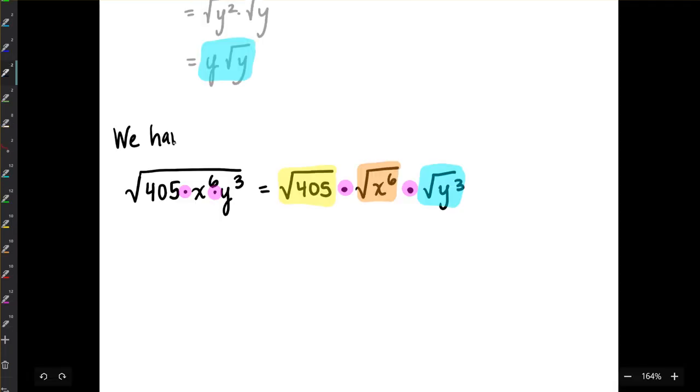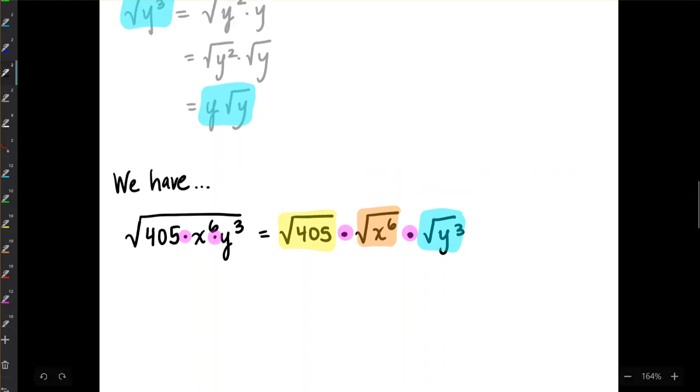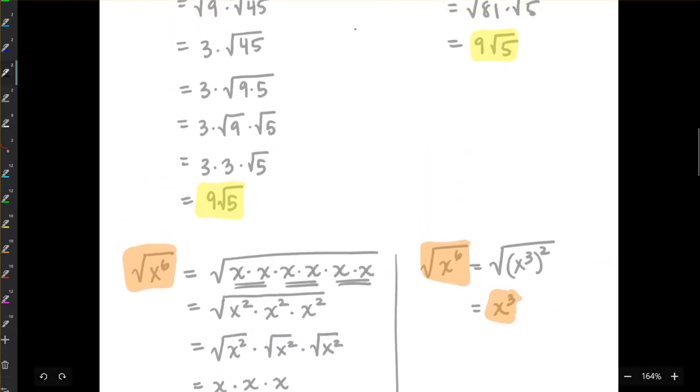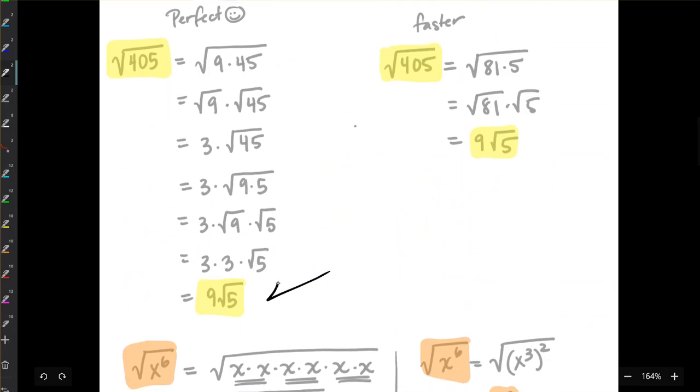We have, I just copied what we had from above. The square root of products are the products of the square roots. We simplified the square root of 405. Yellow is yellow, right? It's 9 times the square root of 5.